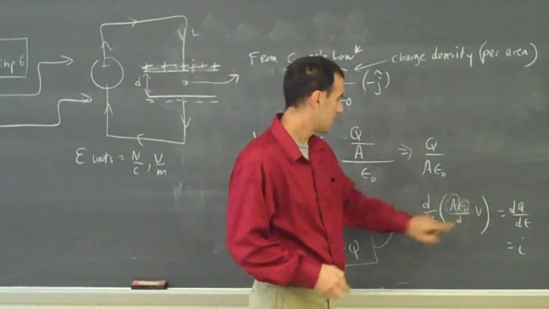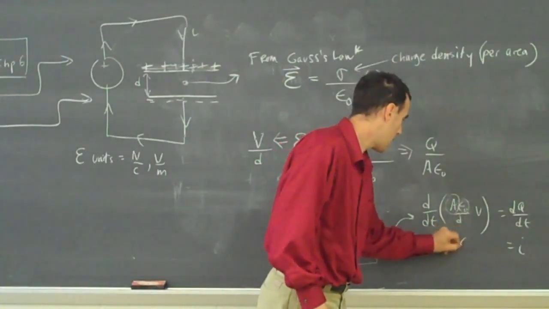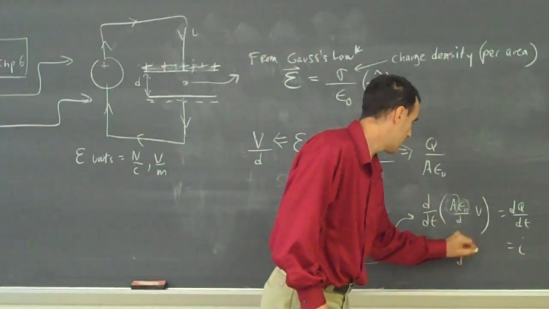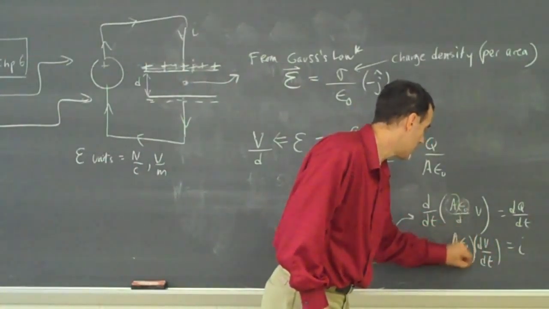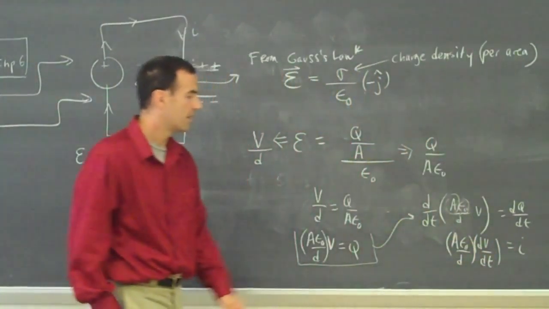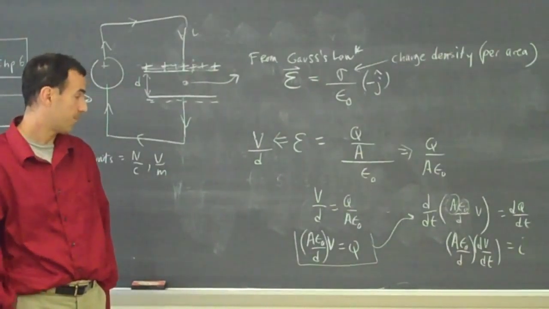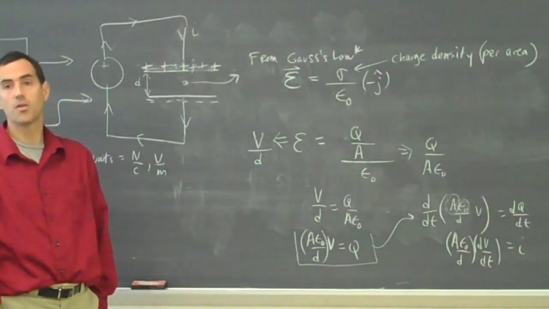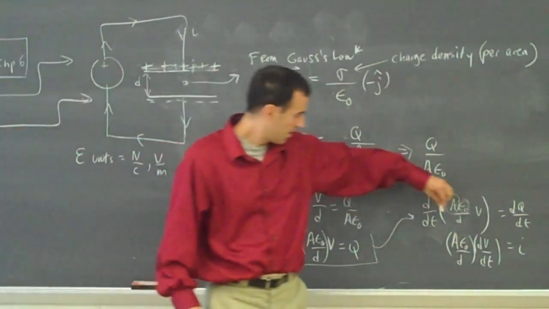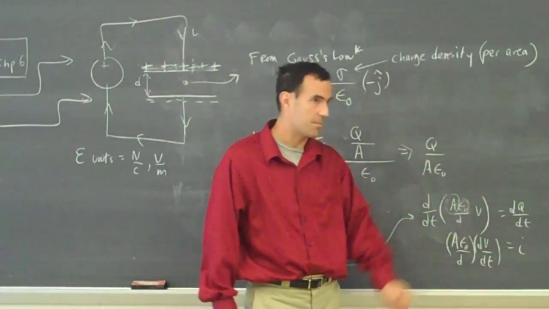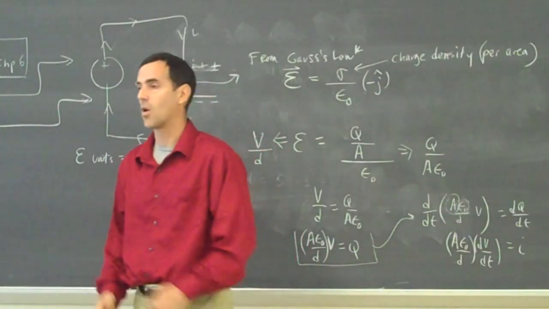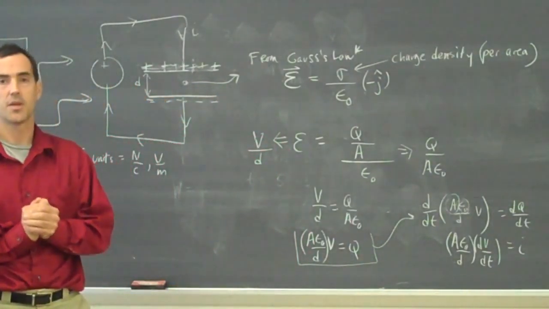So I get A epsilon 0 over D times dV/dt equals the current I. I'm going to call that clump of three numbers, the area of the plates times epsilon 0 divided by the distance between them, the capacitance.